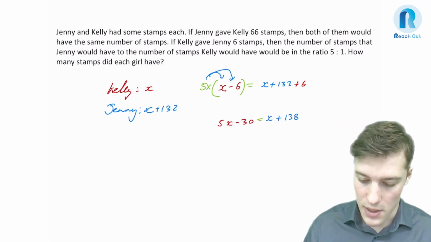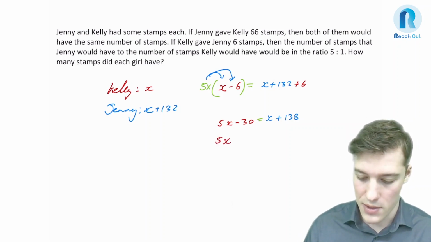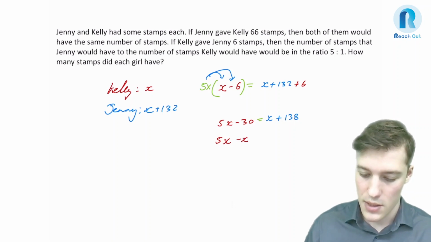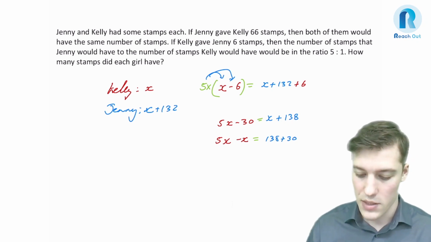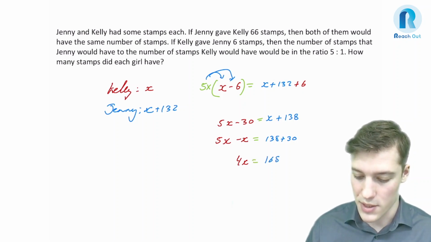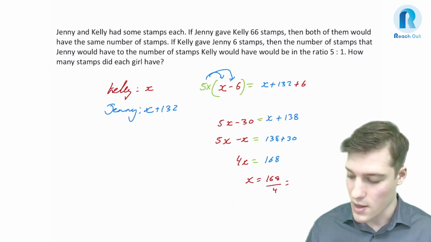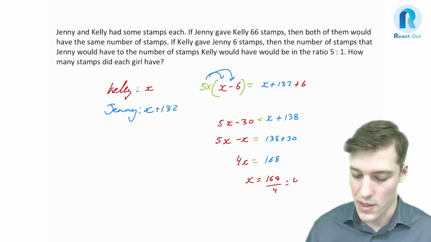So on the left side, we will have 5x minus x, and that's going to be equivalent to 138 plus 30. 5x minus x is 4x, and that is equal to 138 plus 30, which is 168. So x, therefore, is 168 over 4, which would be 42.